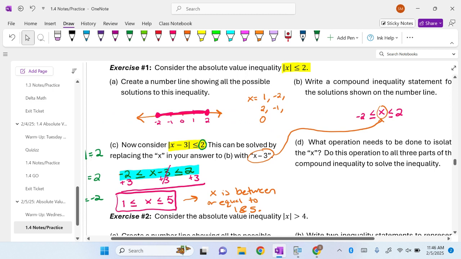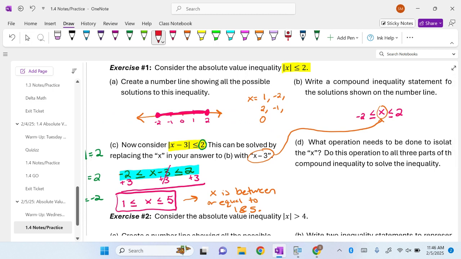So letter D we basically did with letter C. But on top of letter C, let's also graph this on a number line. So recall back to Math 2 and Math 1. I'm going to write my two numbers, 1 and 5. Now, we're looking for where stuff overlaps.